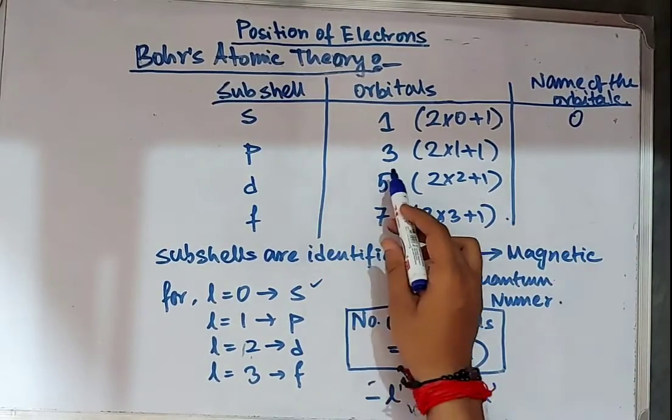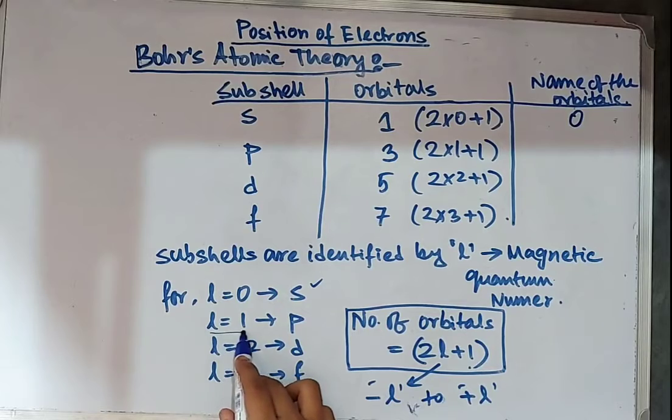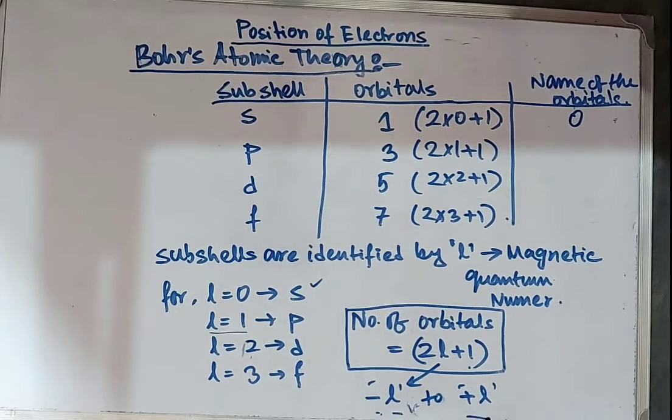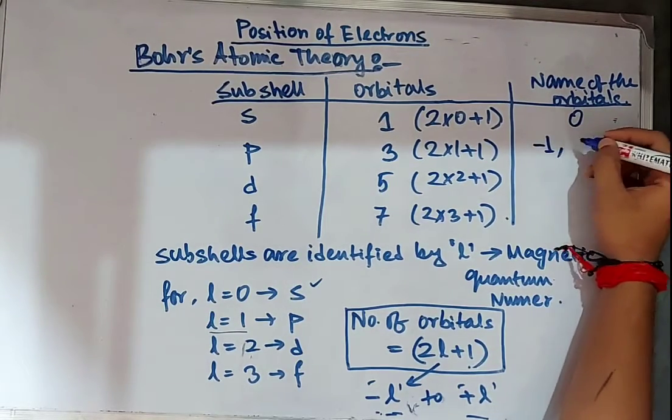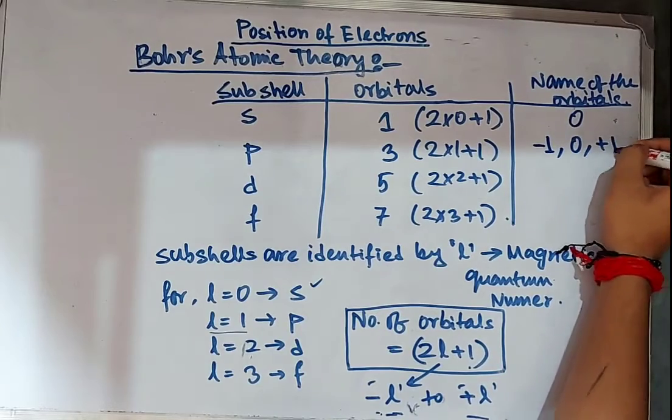For P, L equal to 1, so it is from minus 1 to plus 1, and the orbitals will be named minus 1, 0, plus 1.